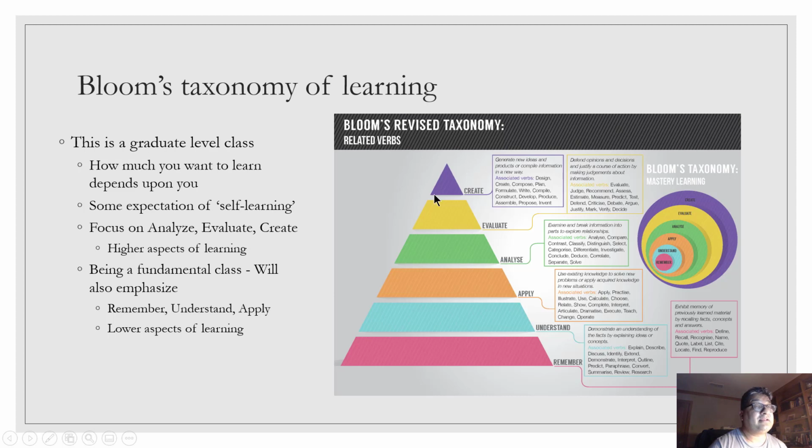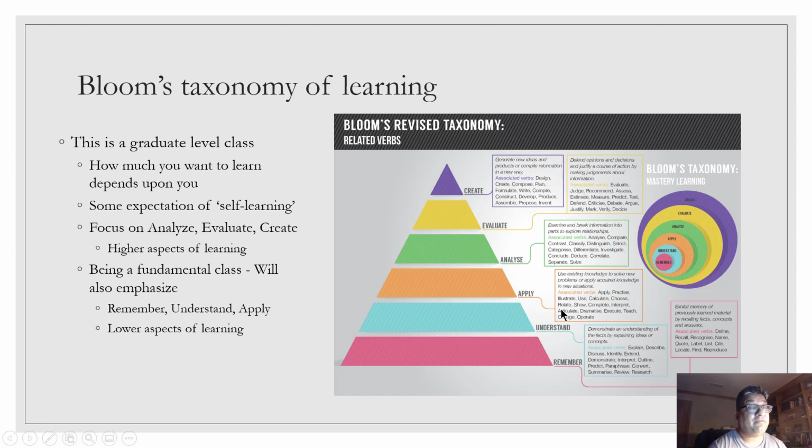And eventually, the highest level of learning is to create new knowledge, and then create new ideas or products. So our goal as graduate study will be on these upper three: analyze, evaluate, create. And of course, our foundations are built using remember, understand, and apply.